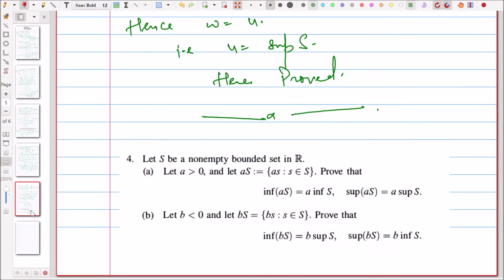We will prove the first part first, and then the second part. In the first part we will prove only the supremum part; the infimum part can be done on similar lines. Similarly, in the second part we will prove one part, and the other can be done on similar lines.